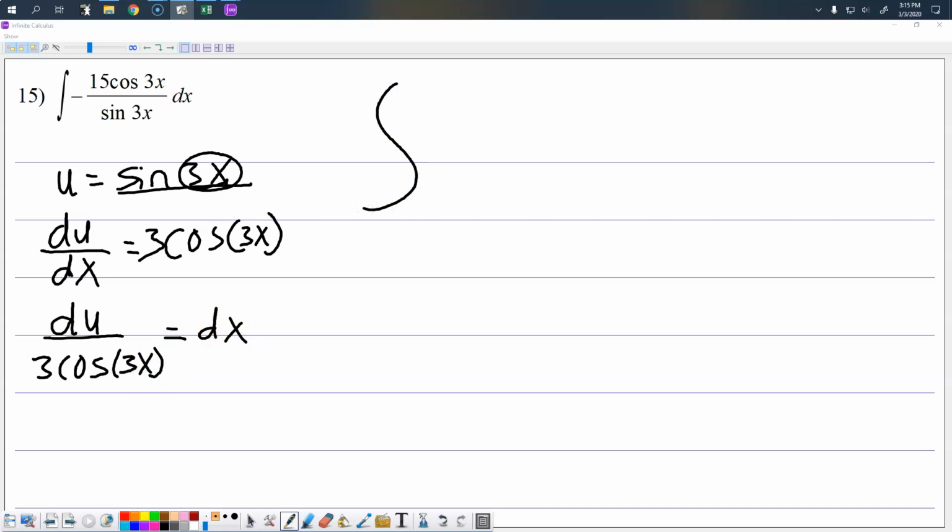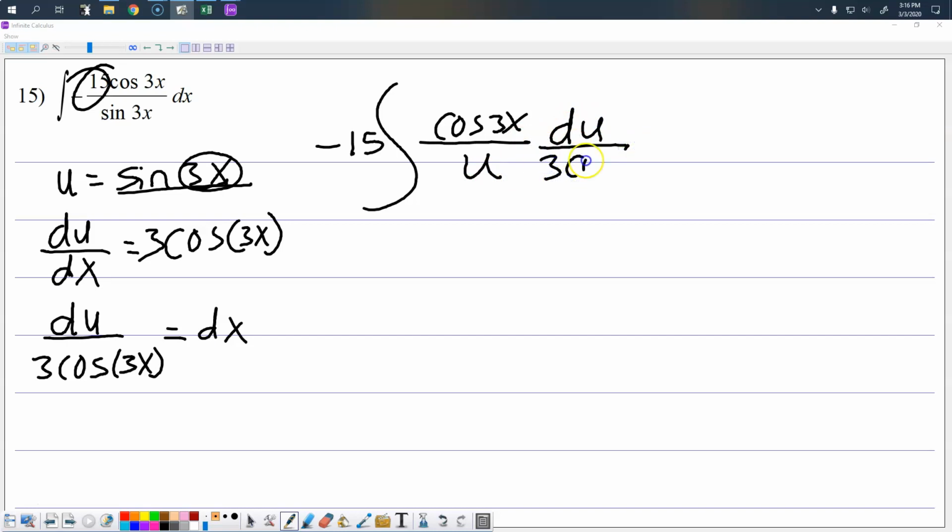I'm going to take this negative 15 out and put it in the front there. I'm going to replace the bottom with u, and I'm going to replace the dx with du over 3 cosine 3x. So the 3, I'm going to take that out and put it out here also. And the cosines cancel out. So we have negative 15 over 3 in the front, which is just negative 5.